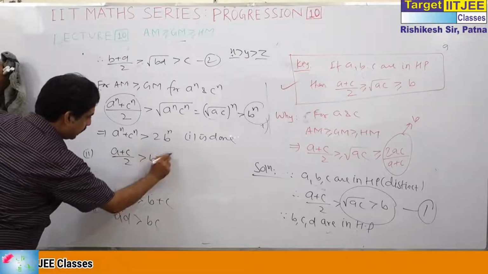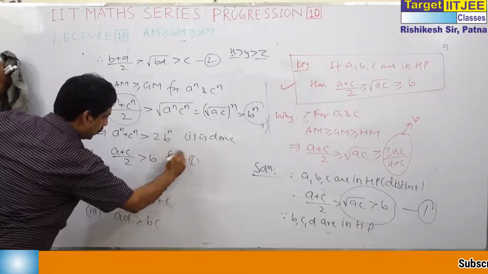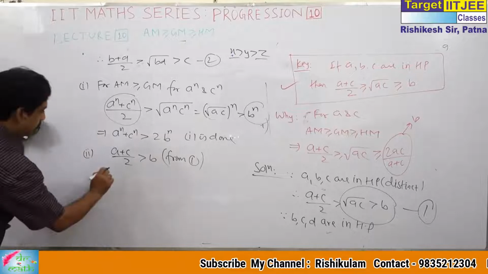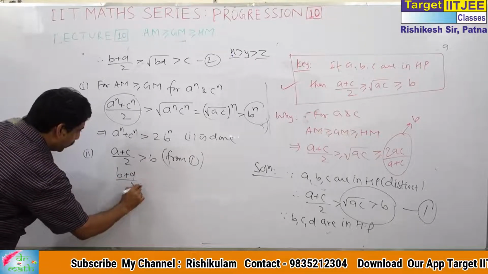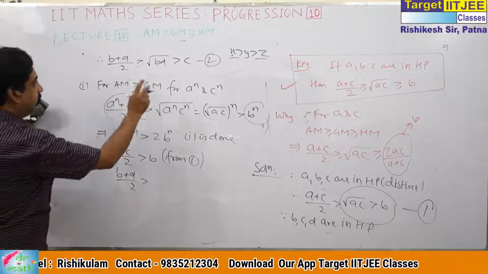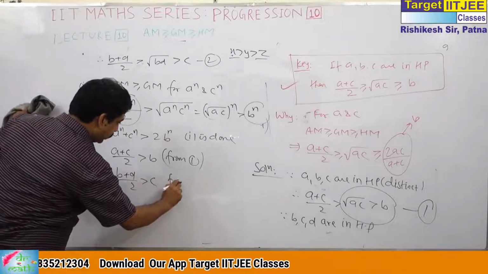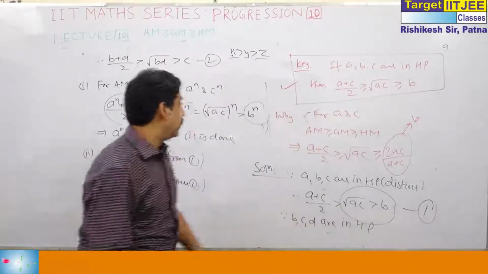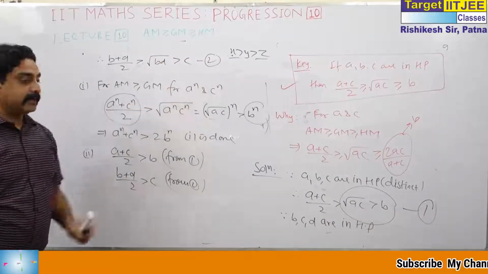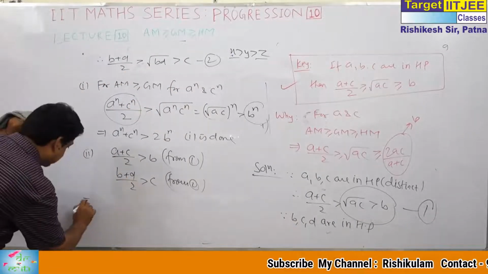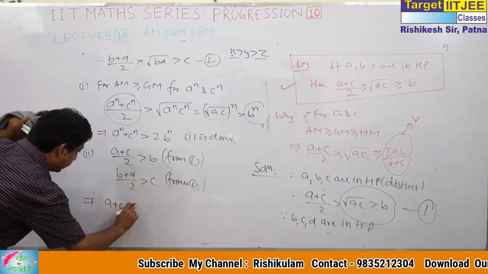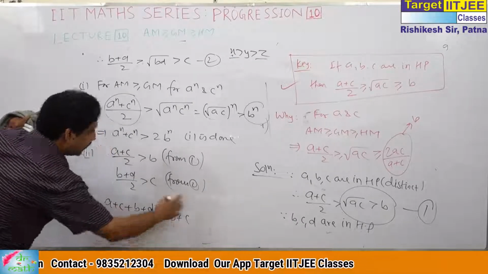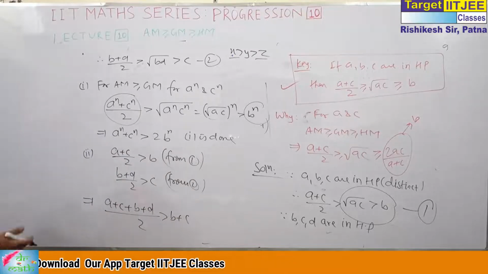A plus C greater than or equal to 2B from 1, and B plus D greater than or equal to 2C from 2. You can see I am taking this from 1 and this from 2. Add together, we get greater than B plus C, multiply and this one. Let me finish.